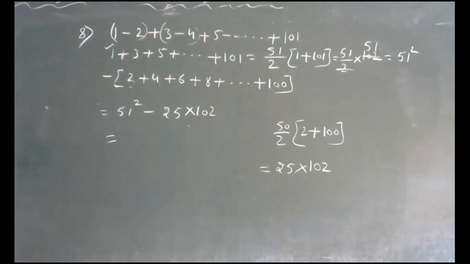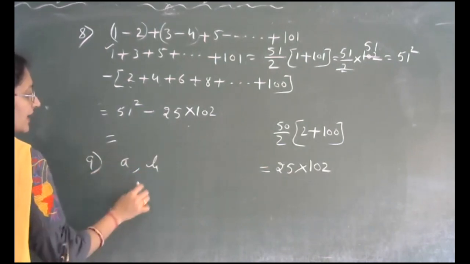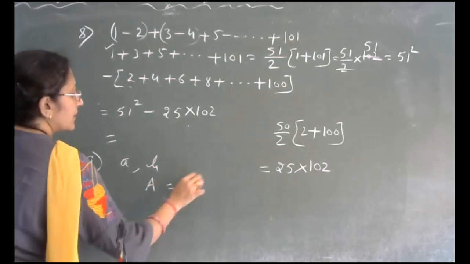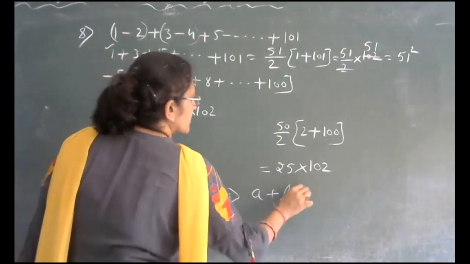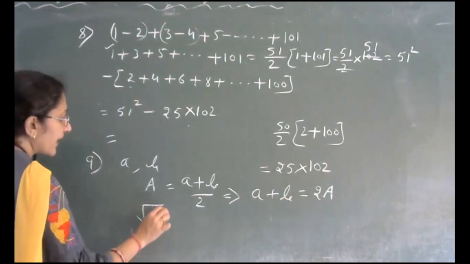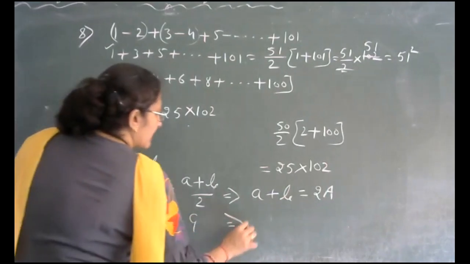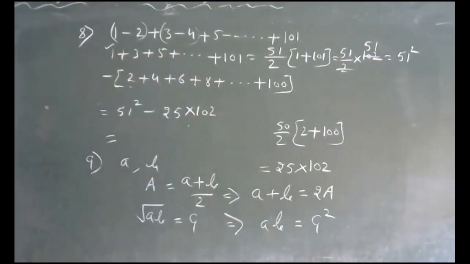After that, question number 9. Here A and G are the arithmetic mean and geometric mean between two positive numbers. Then find the numbers. So let the positive numbers be a and b. The arithmetic mean A is equal to a plus b over 2, or we can say a plus b is equal to 2A. Similarly, geometric mean square root of ab is equal to G, or we can say ab is equal to G square. So it will be quadratic.